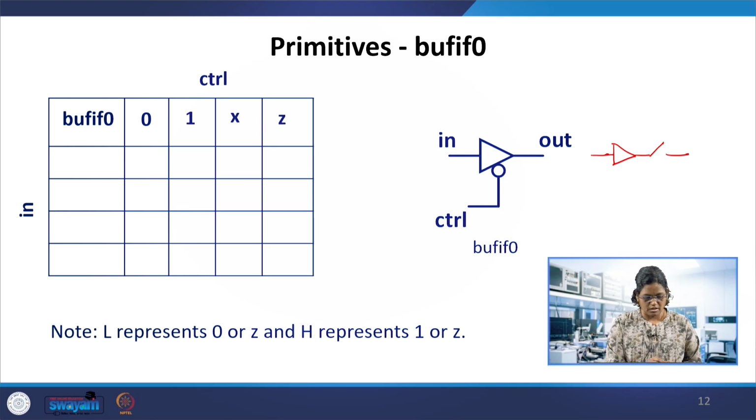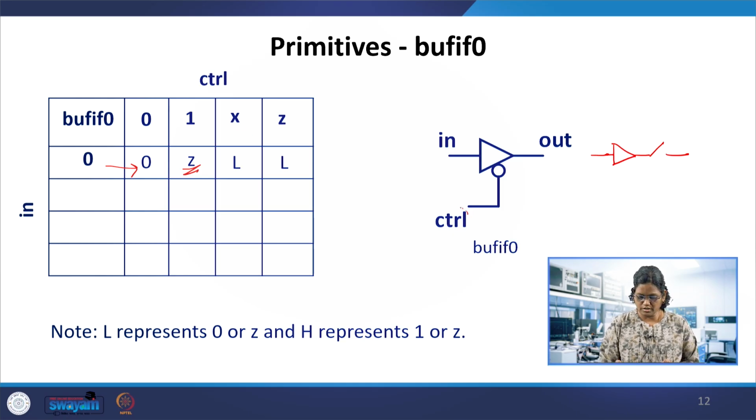Let's take various combinations of input and control. So the input is 0 and the control is 0. We said that the input will be passed over here. When the control is 1, it goes to the high impedance state, irrespective of the input, whether it is 0 or 1, the gate output will be high impedance.